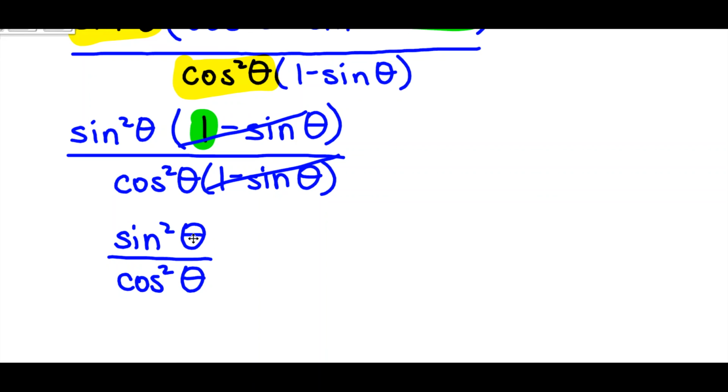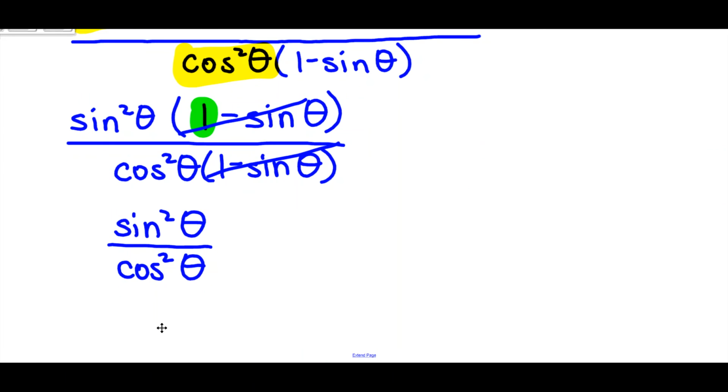Now, something we haven't talked about is if I have the same exponent on both the top and the bottom, I can actually transfer that directly. So sine squared theta over cosine squared theta is equal to tan squared theta. Now, this would work the same if it was sine cubed over cos cubed or sine to the 4 over cos to the 4.